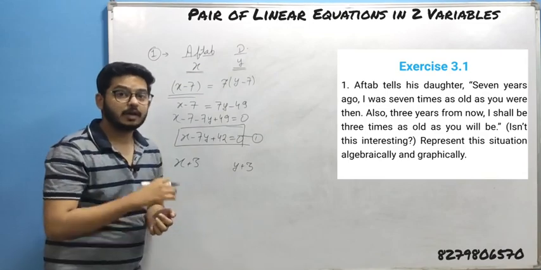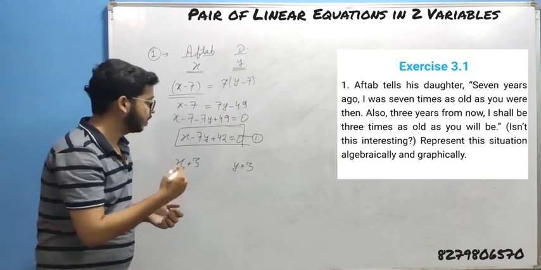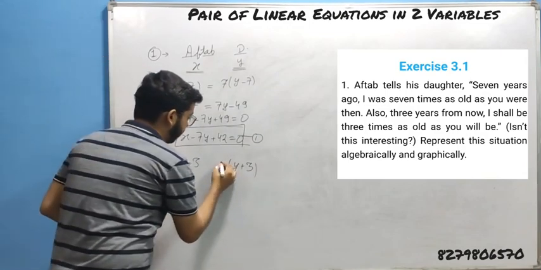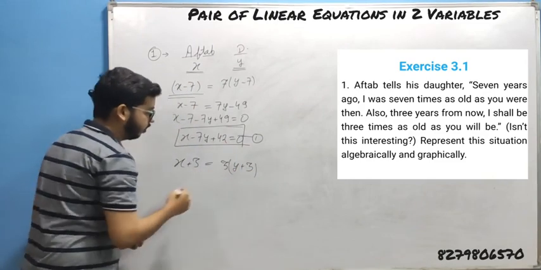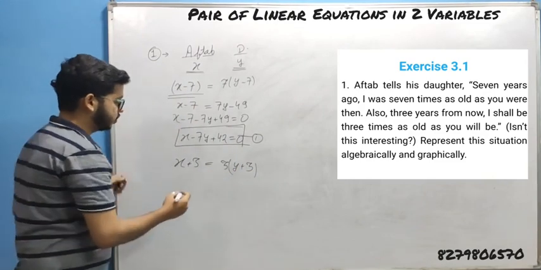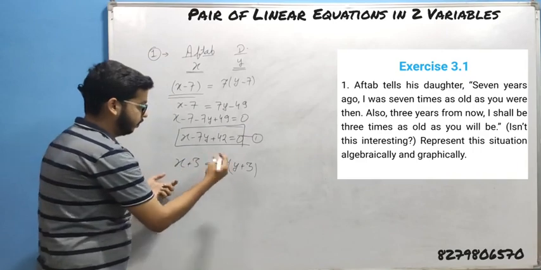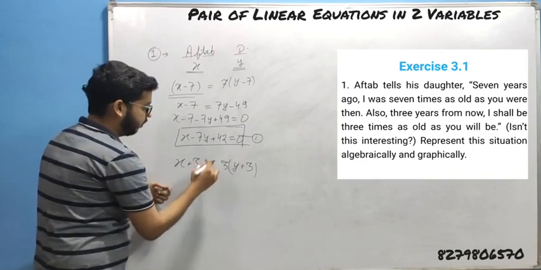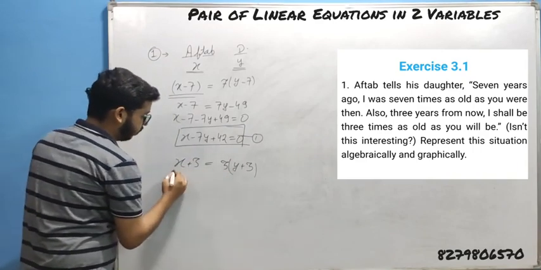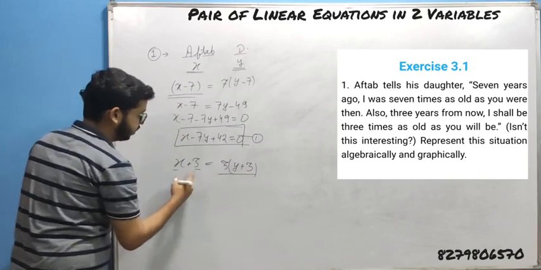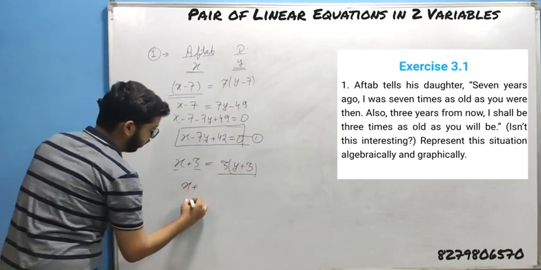He is saying that he will be 3 times as old as his daughter. If we solve this, we will get another equation.